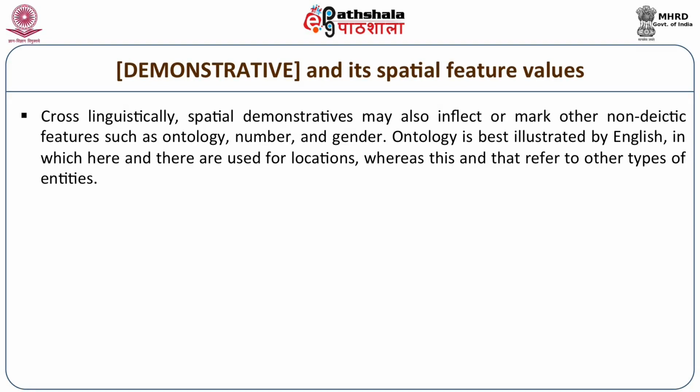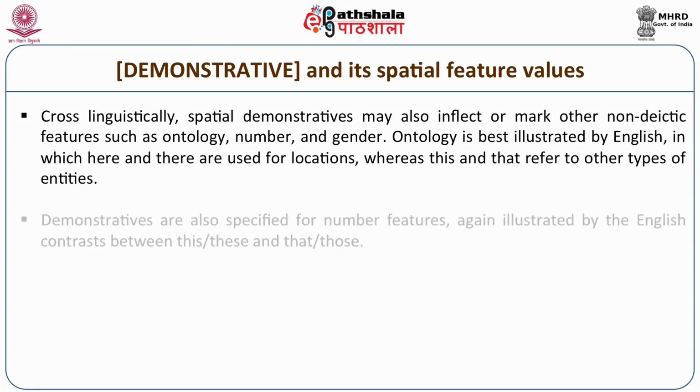Cross-linguistically, spatial demonstratives may also inflect or mark other non-deictic features such as ontology, number, and gender. Ontology is best reflected in English, in which here and there are used for locations, while this and that are used for other types of entities. So using something distinct for spatial versus other regular reference.